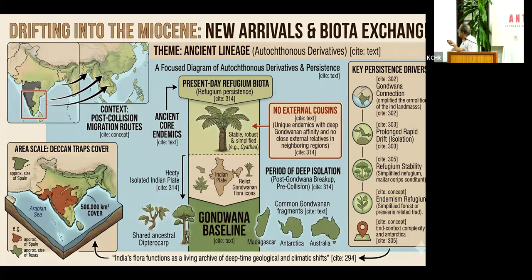And then there was some drifting of species, that is, isolation of species happened as part of these events. And some species became refugia as a result of climate and other kinds of events, because there was glaciation and other climate change happening in between, later on.